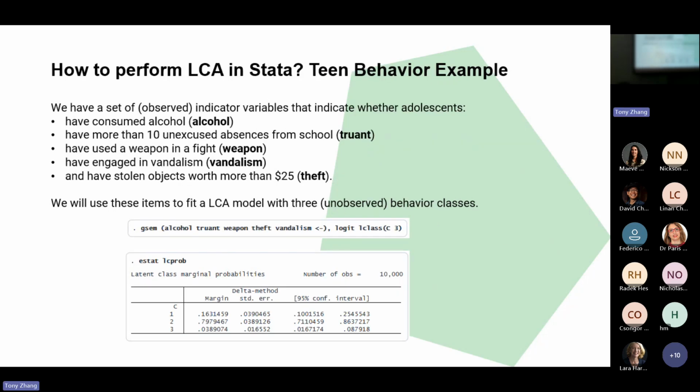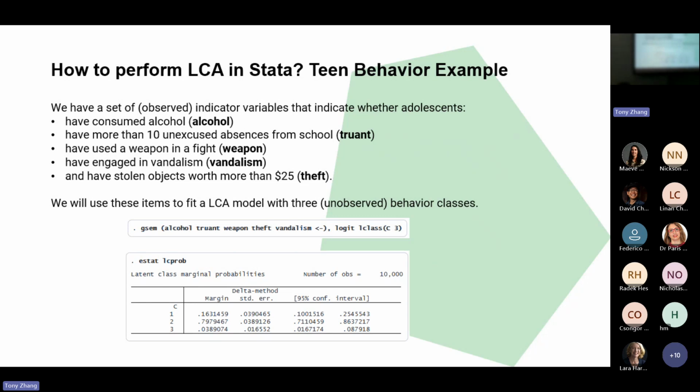Okay, so now we can look at some examples. How to perform LCA in Stata? This example is the teenager behavior problems example.